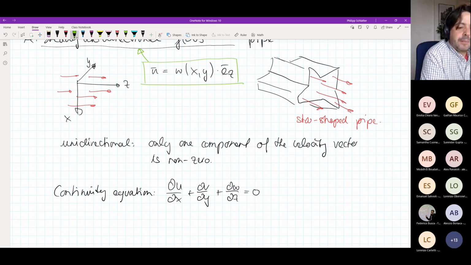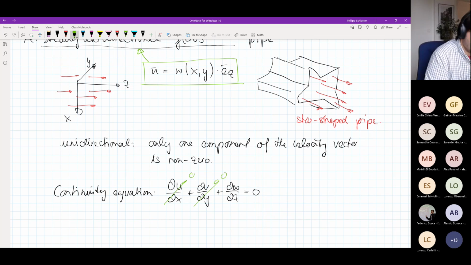Now I can get my green pen and remove most of the terms here. Why can I remove them? Well, I have said it's a unidirectional flow, so that means u and v don't exist. It's only the w component that is present. So u and v are actually 0 in this case.